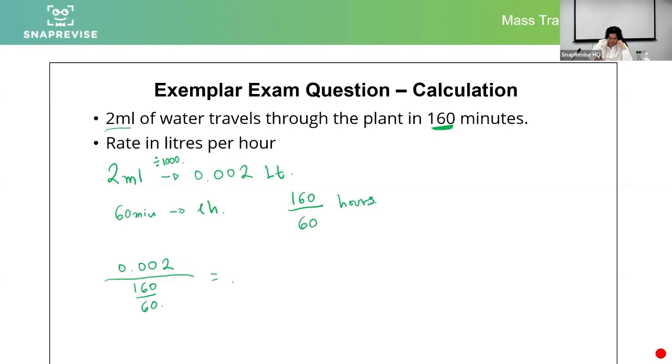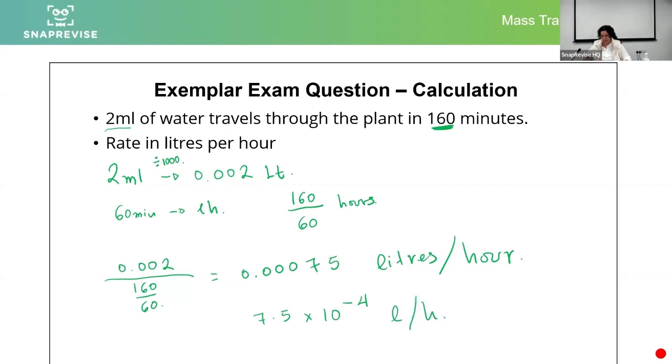So if I solve all of that, that gives me 0.00075 liters per hour. I've got one extra step to do, which is that I have to convert my answer to standard form, because that's what I'm asked to do, which is used when we have too many zeros. So that gives me 7.5 times 10 to the minus 4 liters per hour. Okay.